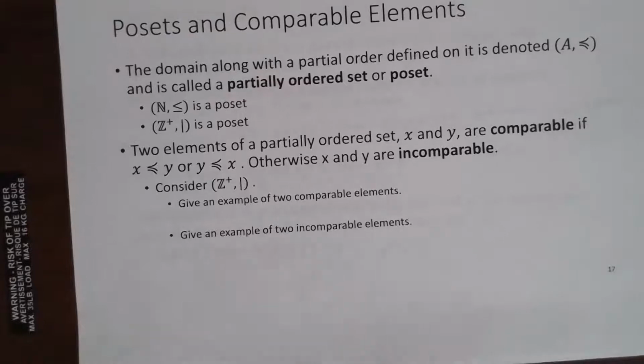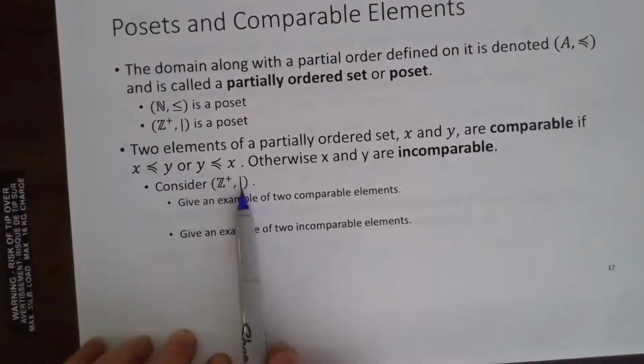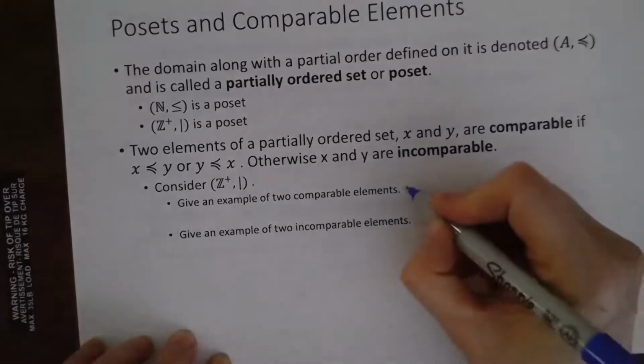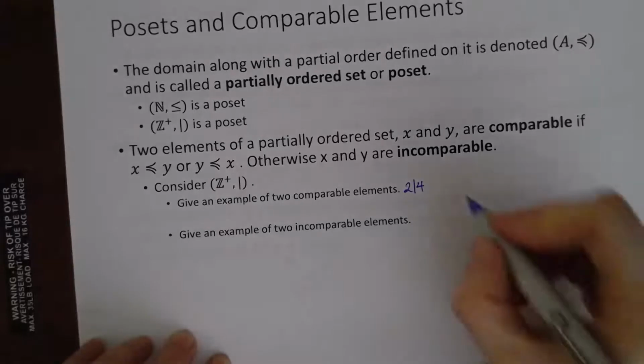So let's look at an example. We have the positive integers, and we have this divides relationship. Let's think of some examples of two elements that are comparable, where I can say this divides this. There's lots of them. 2 and 4. So 2 divides 4, so 2 and 4 are comparable.